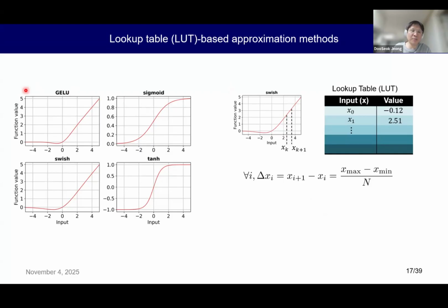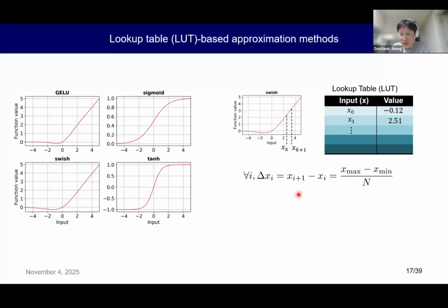There are a bunch of exponential function based nonlinear operations, activation functions like GELU, the sigmoid, swish, and hyperbolic tangent. And these days, swish is very widely used in LLMs, right? And the same holds for GELU. So, what about these functions? How can you implement these operations based on a lookup table?